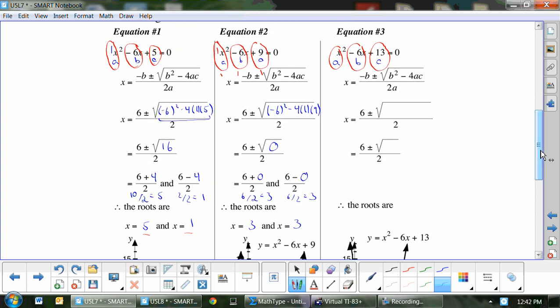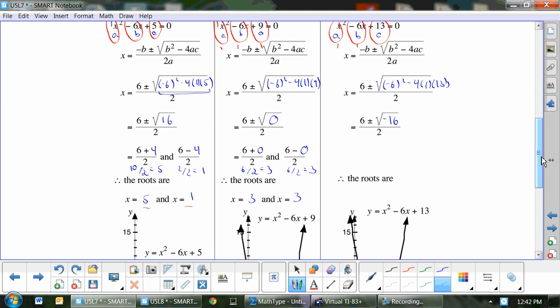And so if we look at the last one here, we have the same a is equal to 1, b is equal to negative 6, c is equal to 13. Plug this all in. And this time we'll find that under the radical sign we get negative 16.